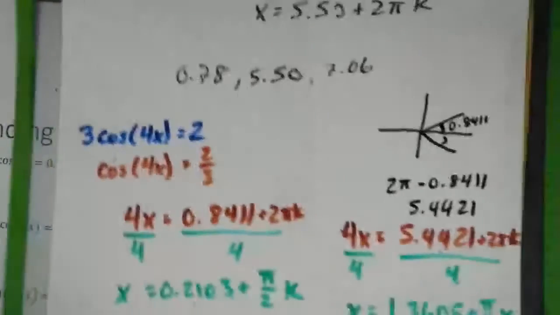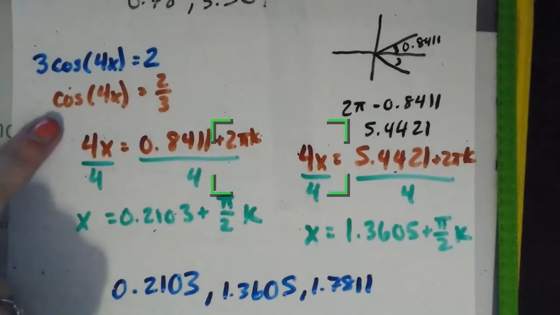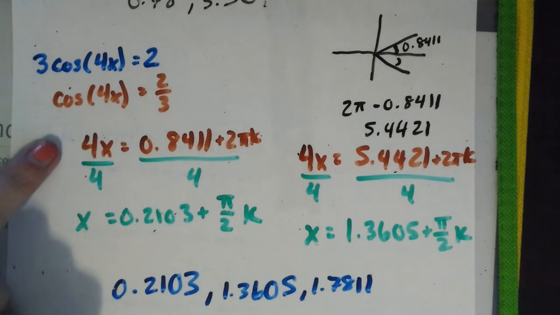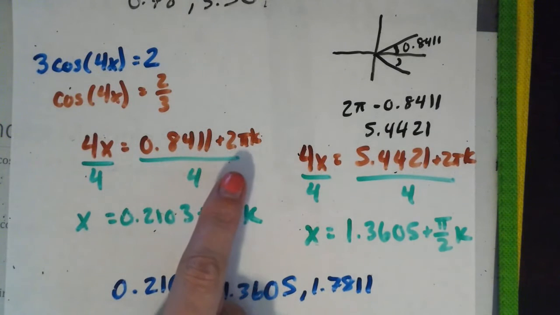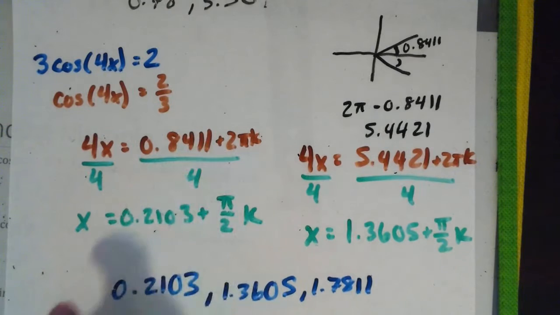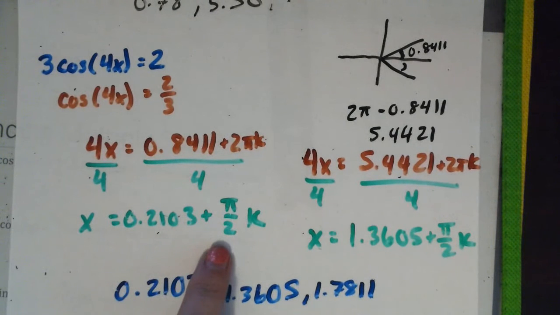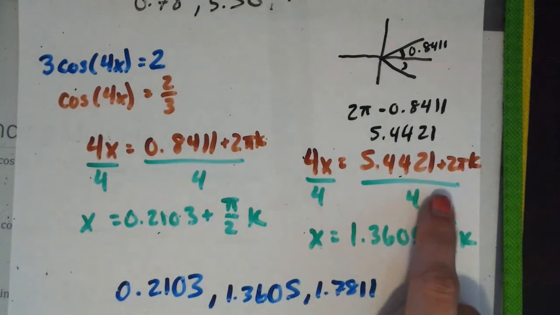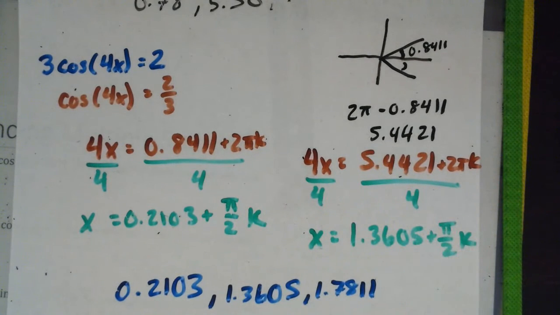If you wanted to do this one in degrees, you would have your calculator in degree mode when you took the inverse cosine of both sides, and you'd get 4x equals whatever degrees it gave you, plus 360 degrees k. So when you divide by 4, you get x equals whatever plus 90 degrees k. You'd still have to find your second solution in the fourth quadrant, but it would work out the same way.